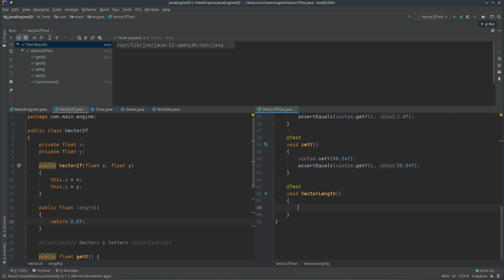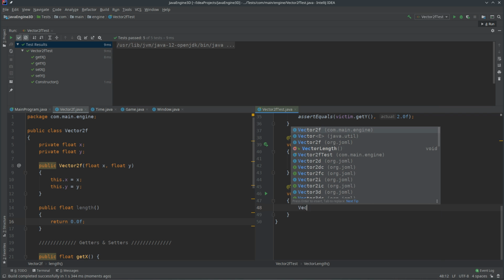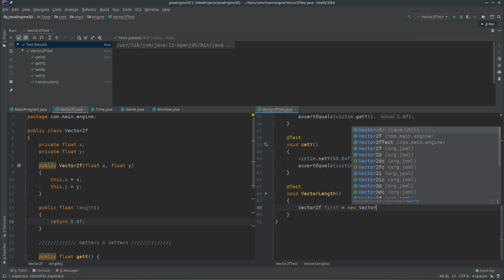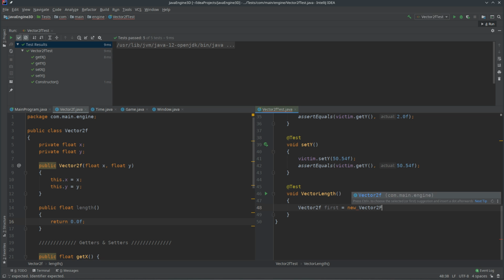Let's find out. Let's do a vector length that I know. So we are going to call this, not victim now, we'll call it first. Vector2f first equals a new Vector2f, and it's going to be 4 point. No, it's not. It's going to be 3, isn't it? 3.0f, comma 4.0f, which are tidy numbers. Okay.